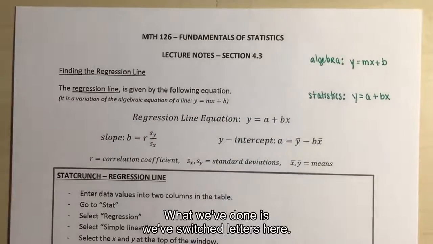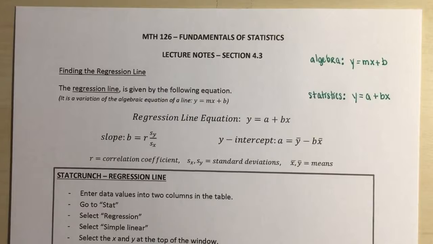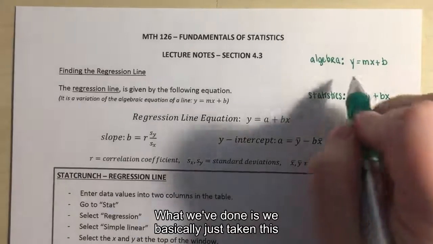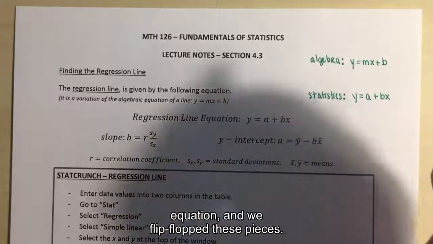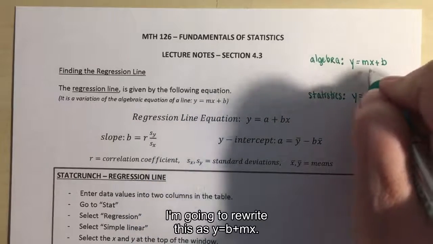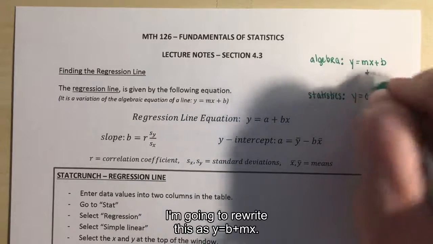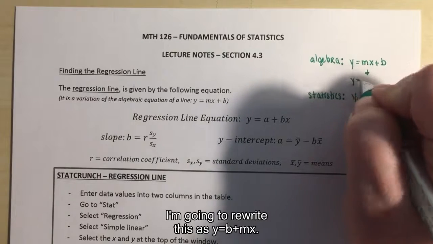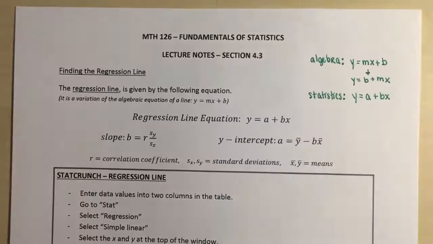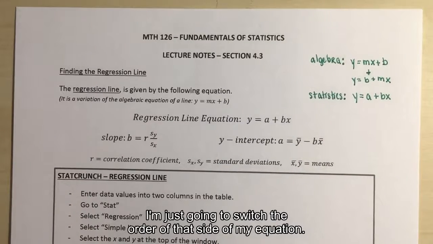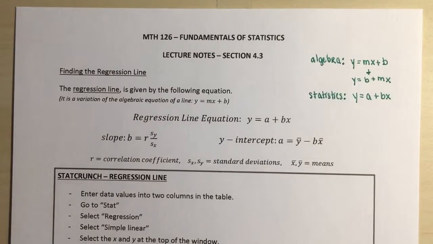So what we've done is we've switched letters here. We've basically just taken this equation and flip-flopped these pieces. So I'm going to rewrite this as y equals b plus mx. I'm just going to switch the order of that side of my equation.